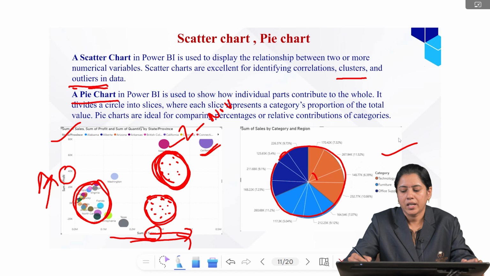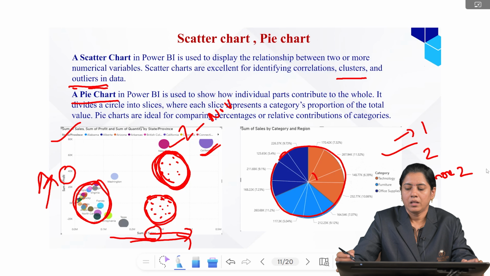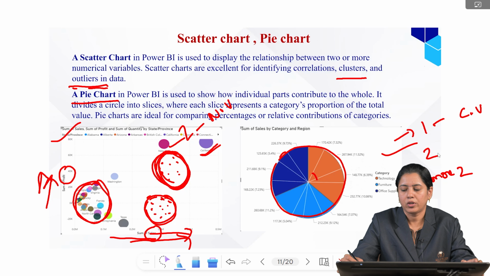The number of variables required for the pie chart is: you can draw for one variable, two variables, or more than two variables also. If you draw for one variable, that must be a categorical variable. If you draw for two variables, one is a categorical variable, and the second must be a numerical variable.